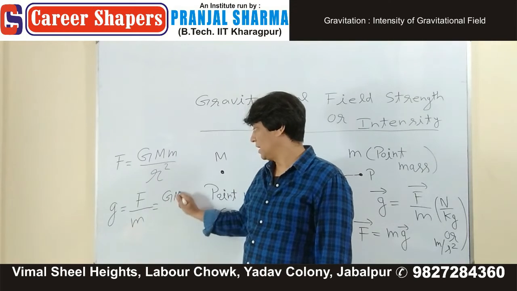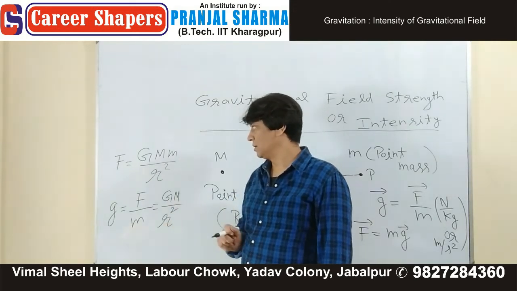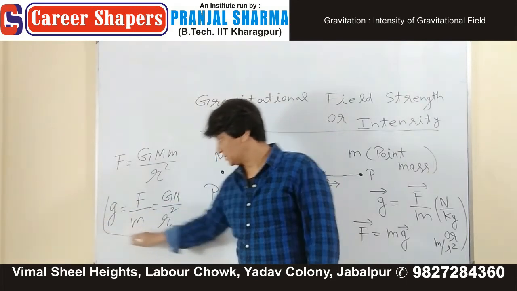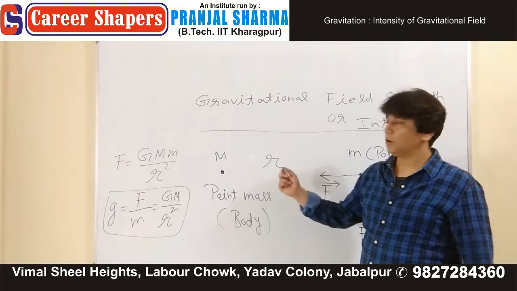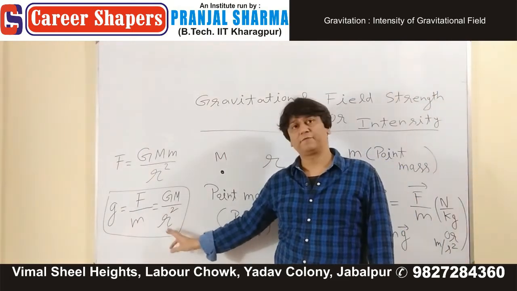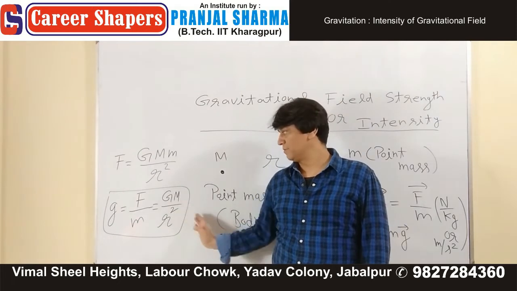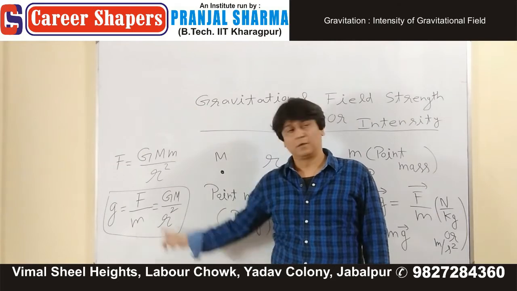GM divided by r square. What is this? Gravitational intensity of a point mass at a distance of r from it: GM divided by r square. Write down this.